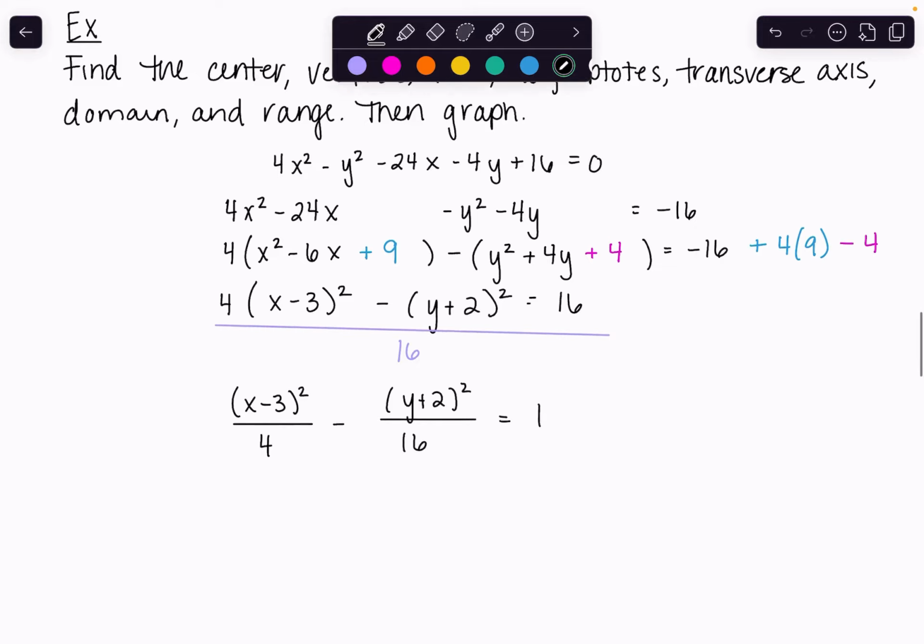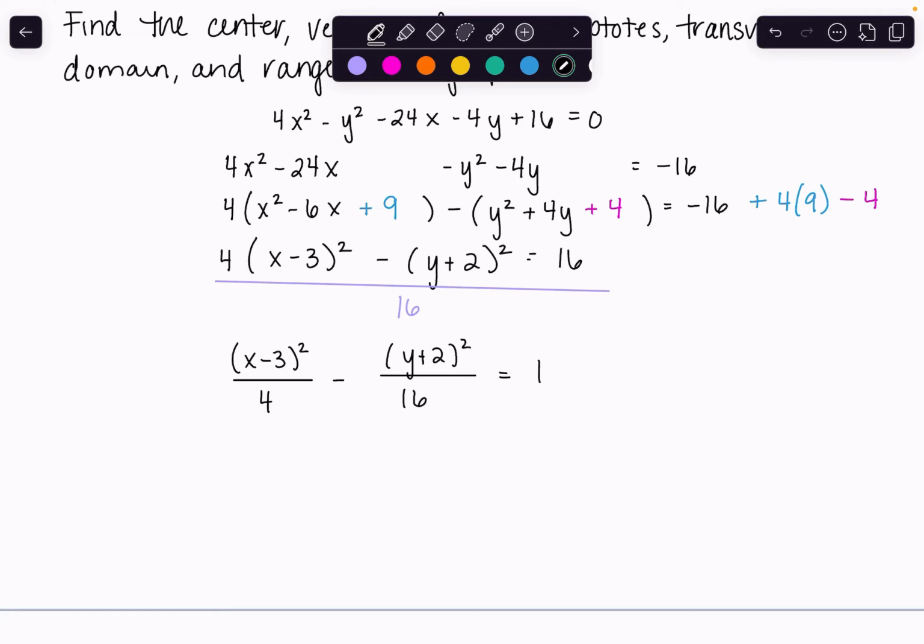Okay. So this is fantastic. I now can go through and I can find my key pieces. I know my center now is going to be positive 3 and negative 2, so that's great.